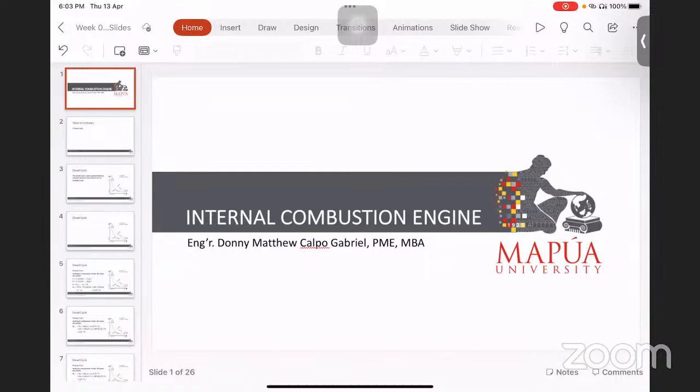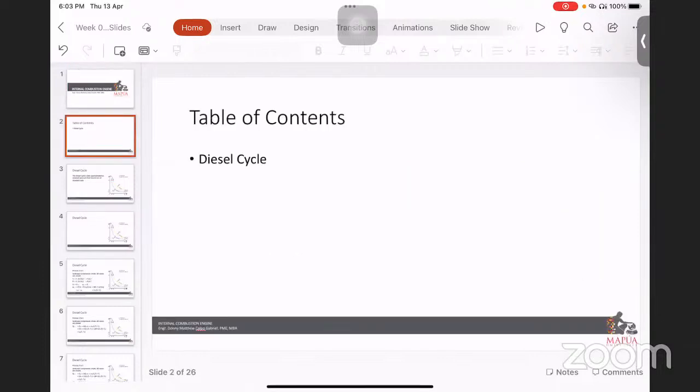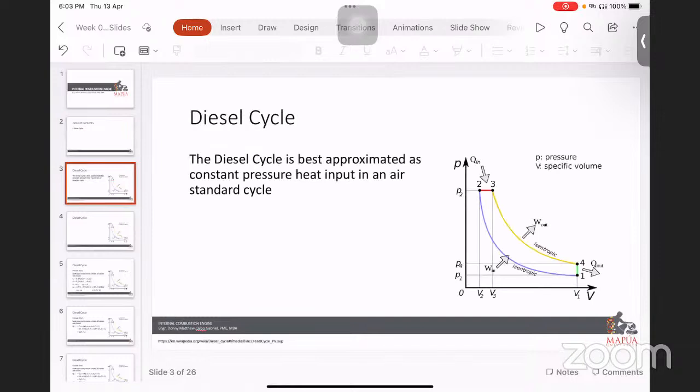Okay. Nung nakaraan, ang pinag-usapan natin is idealized Otto cycle o yung standard 4-stroke Otto cycle. Ngayon naman, ang pag-uusapan natin is idealized 4-stroke diesel cycle. So ano yung difference nung sa diesel cycle at saka doon sa Otto cycle? Doon sa diesel cycle, ito ay tinatawag na constant pressure.